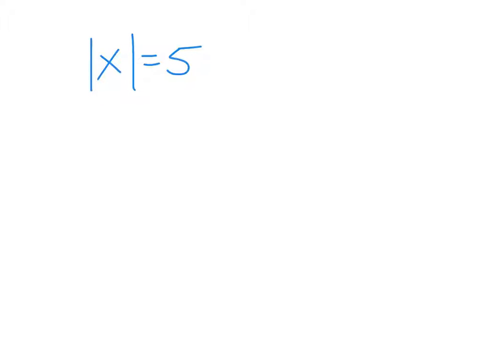And obviously, one of those values is 5, right? The absolute value of 5 is 5. But another value that works is -5. If you understand the definition of an absolute value, the absolute value of -5 will also produce 5. So both of these are going to be answers.